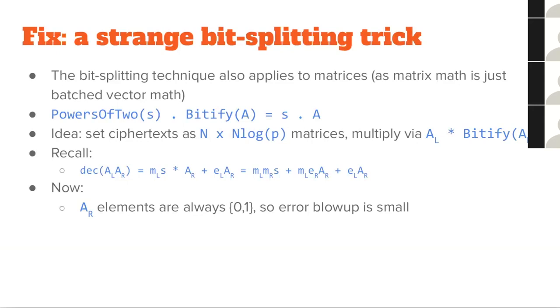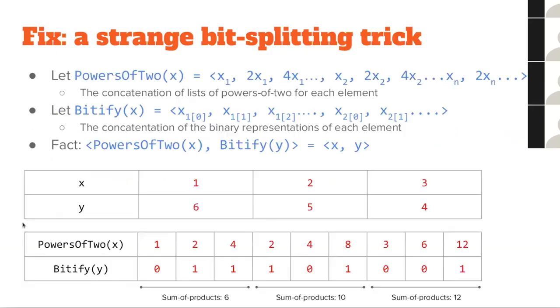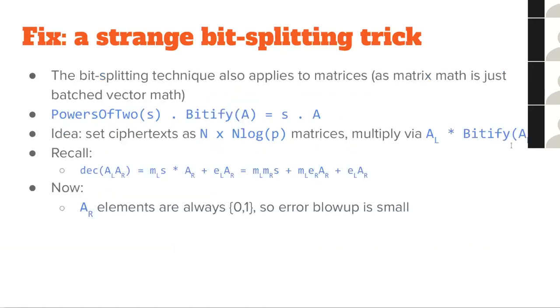Before, it turns powers of 2 of S into powers of 2 of S; after the multiplication, it just turns S into powers of 2 of S, so you squash it, and then you bitify it again. The squashing and the expanding preserve the eigenvector, but force the values in the ciphertext to continue being zeros and ones.